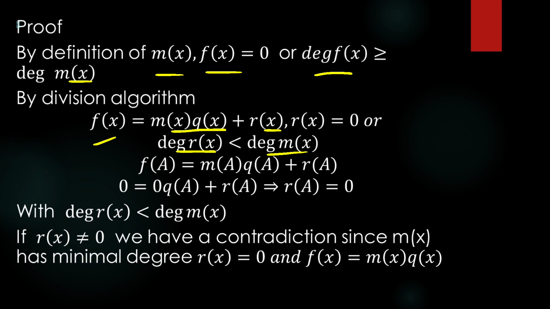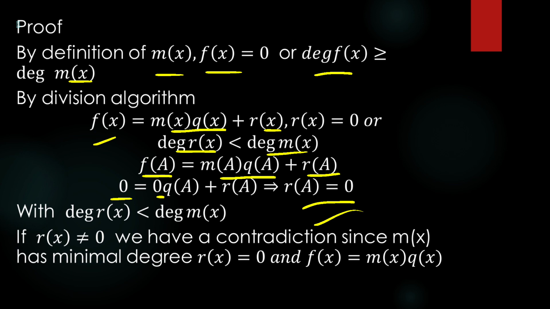So it will mean that f(A) equals m(A) times q(A) plus r(A). Remember, f(A) is a polynomial, okay? So f(A) will definitely be 0, m(A), the minimum polynomial, will also be 0, and that will clearly indicate that r(A) is actually equal to 0.